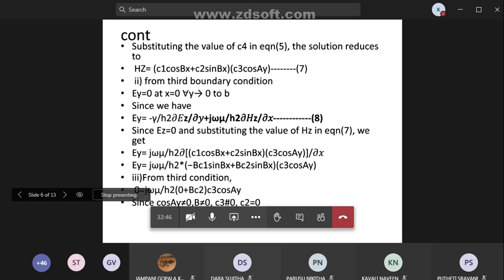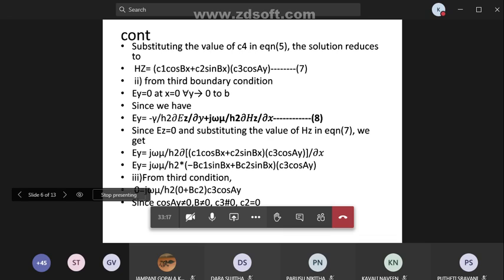Next, see the third boundary condition. From the third boundary condition, we have Ez equal to 0 at x equal to 0 for all y changes from 0 to b. So third boundary condition means check the left side wall boundary conditions.